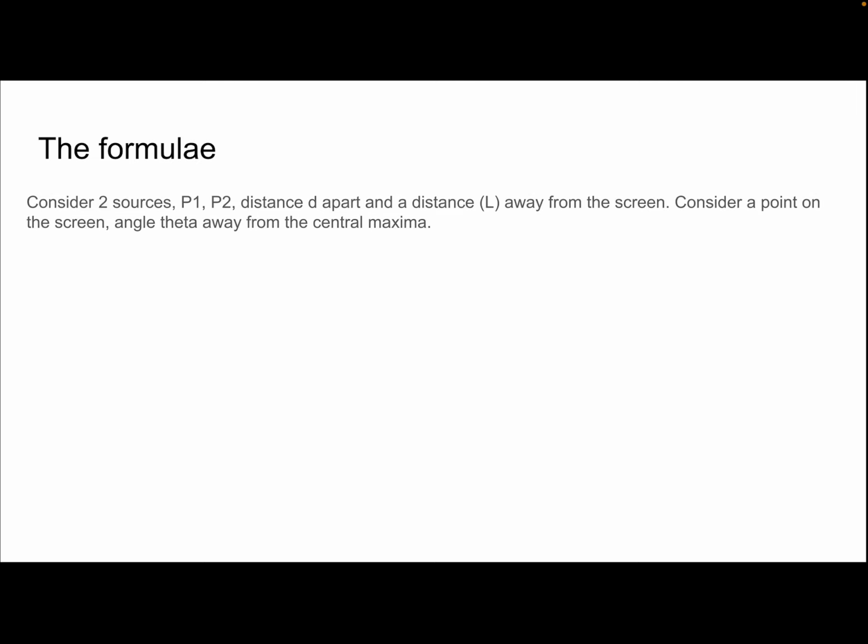Alright, so let's talk a bit more about the formula that was derived. If we look at two sources, we'll call them P1 and P2, and we'll say that they're a distance d apart, and a distance L away from the screen. We're going to consider a point on the screen at a deflection of angle theta away from the central maxima. So let's look at this diagram.